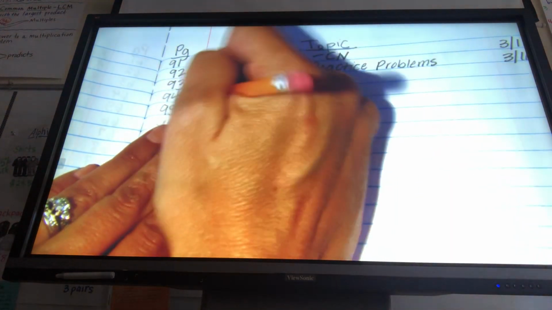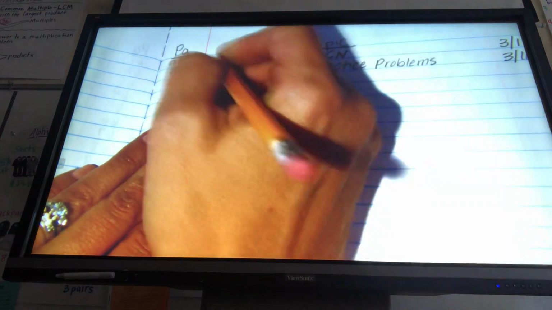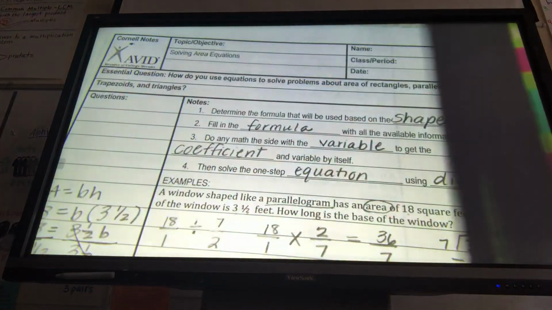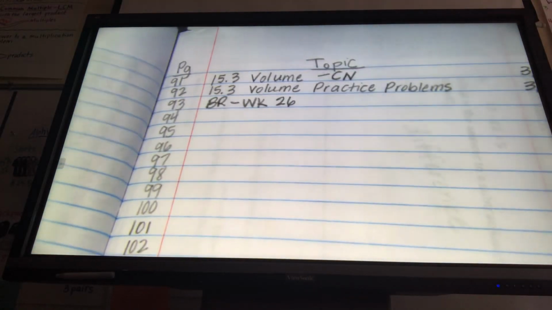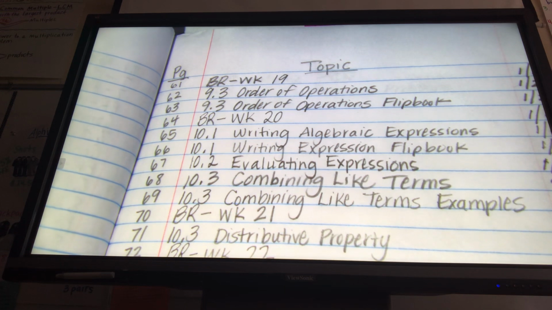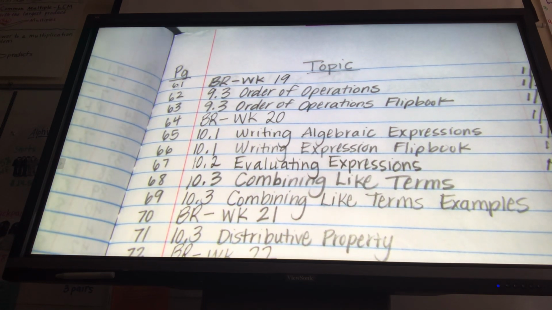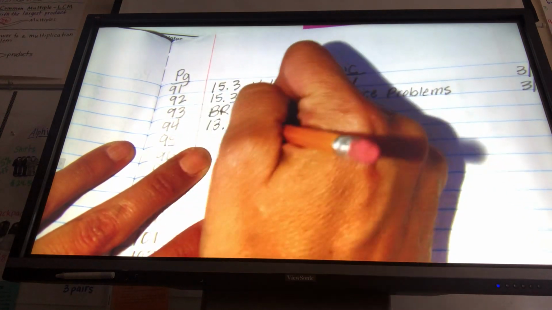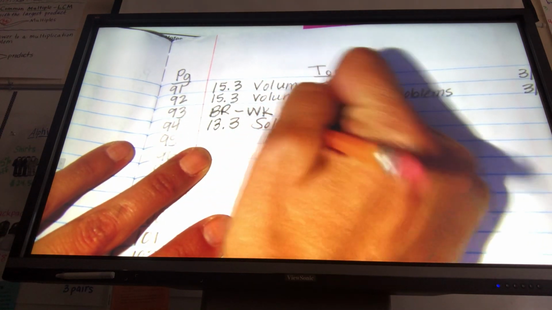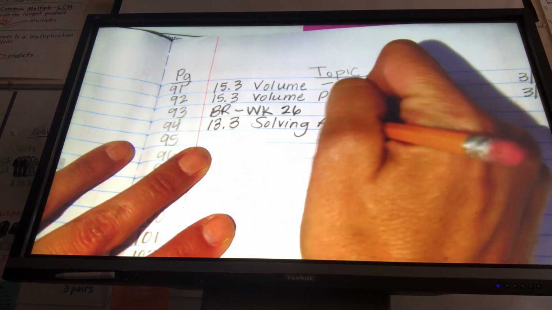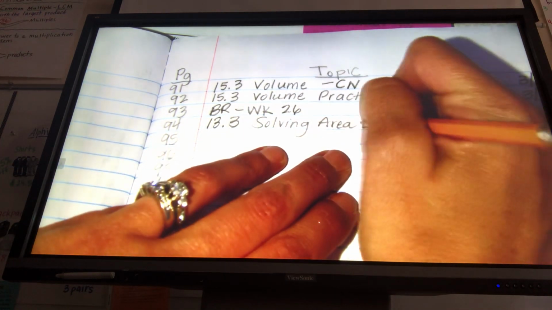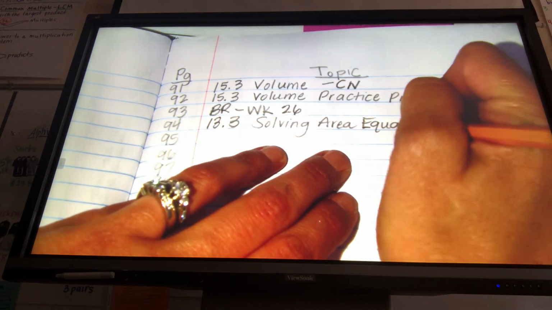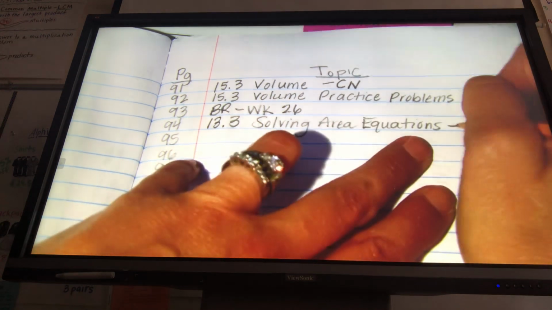And then today is, I think it's 13.4. It is. No. 13.3. 13.3, solving area equations.